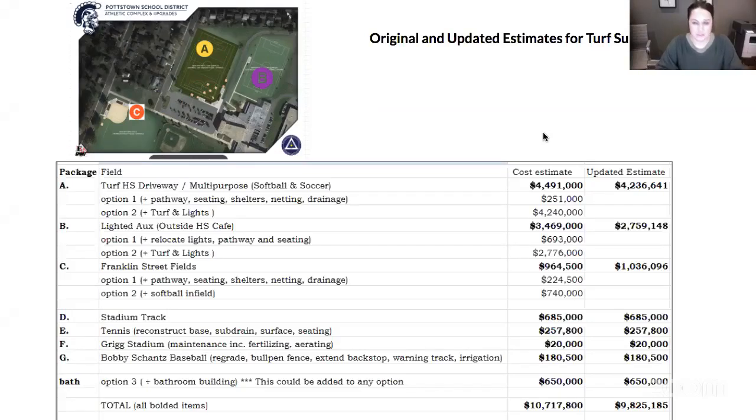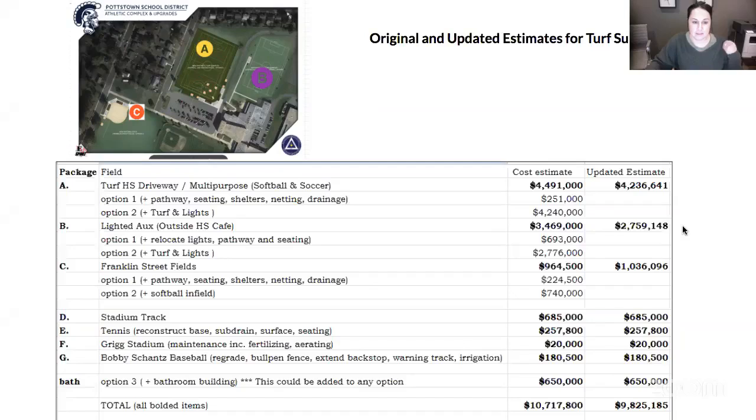And that includes different pathways, seating, shelters, options, all of those different things that would be worked out at a much later time. Field package B is the area outside of the high school cafeteria that currently has lights. However, that field is not, I guess, PIAA standard for middle school or high school sports. It is a little bit on the smaller side. So the option there would be to relocate some of the lighting and redo that field into something more usable for actual gameplay.